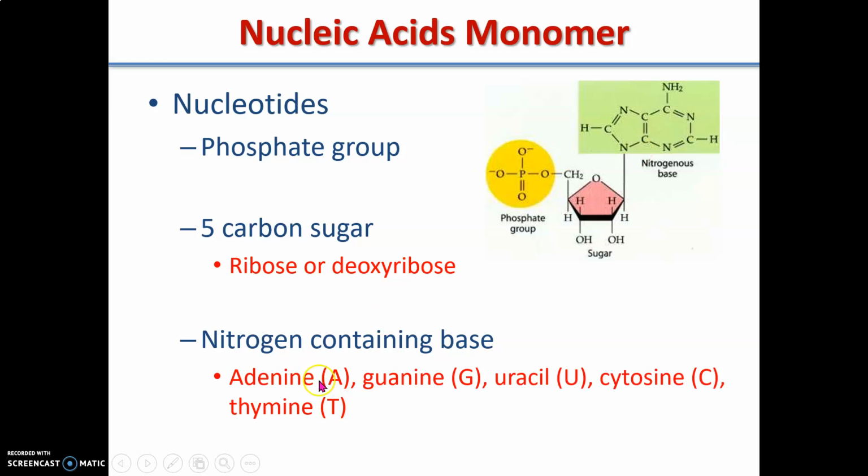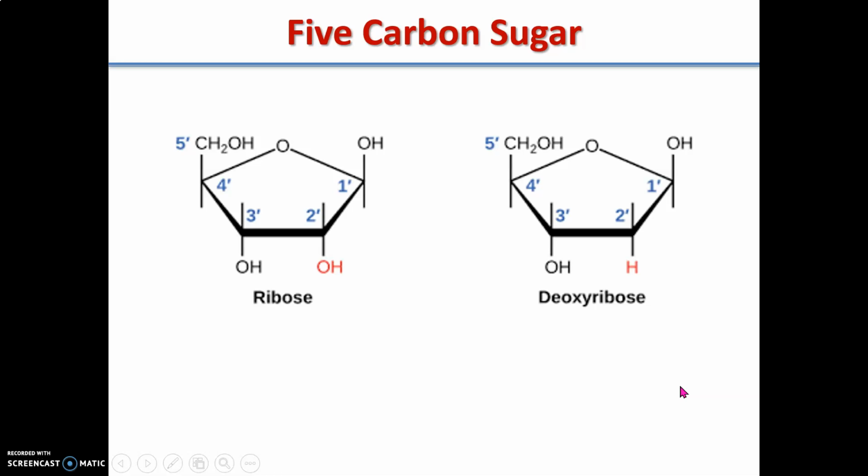Okay, so A, T, G, C is DNA, A, G, U, C is RNA.